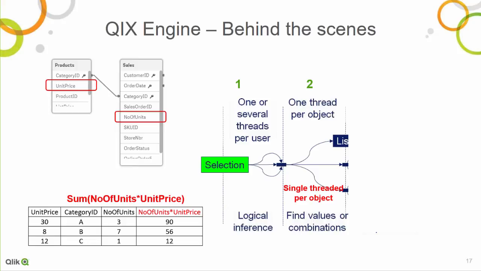If those fields are in the same data table, the combination will be created in the same table. But if those fields come from different tables, as in our example, where these two fields are located in two different tables, the engine will create a temporary table for those fields. That is what you see here in the bottom, together with the keys to connect them.